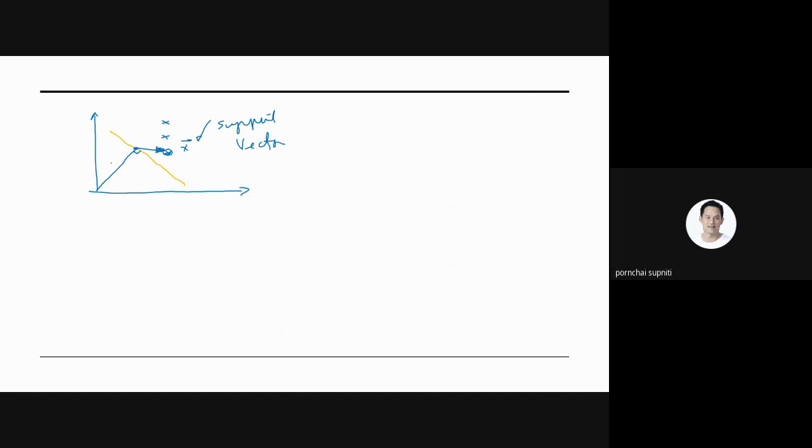And for the weight, this is w. So to build a hyperplane, we can also call this the vector. We can call the length of this part b.